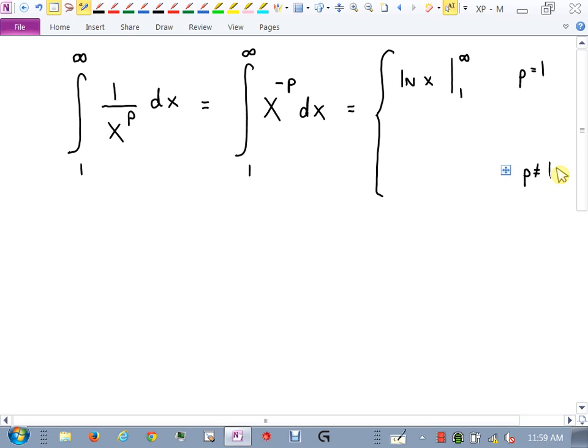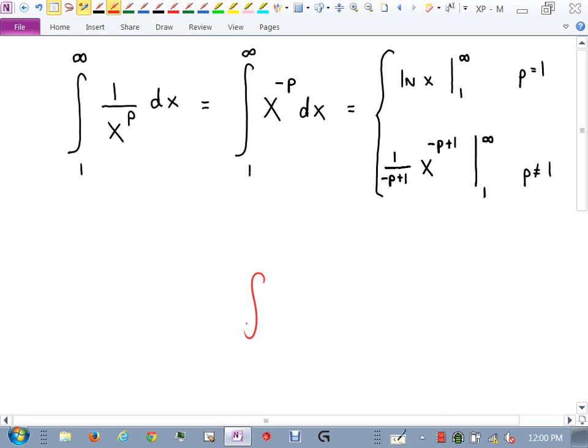If p is not 1, we have to use the power rule, don't we? So what's the antiderivative of x to the -p? It's 1 over -p plus 1, x to the -p plus 1, and then I'd evaluate that from 1 to infinity.